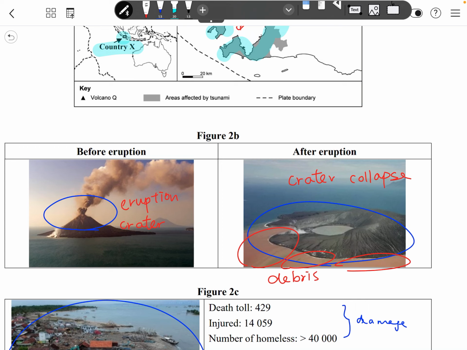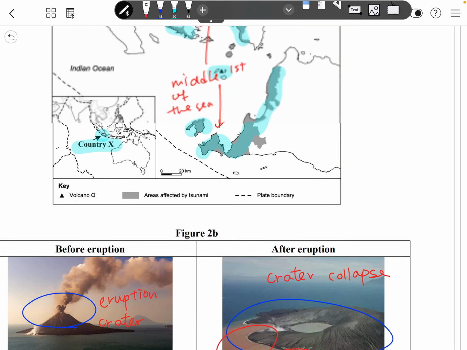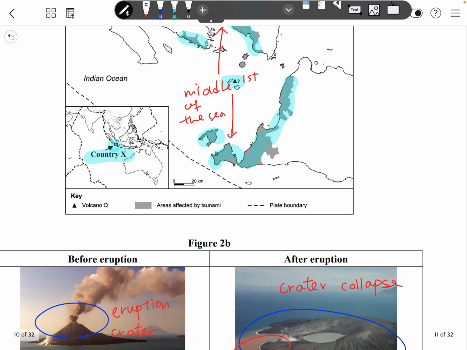Some water, some lava, rushing down, the debris causes the submarine landslide. And this submarine landslide will cause the vertical displacement. Because of the debris, as I said earlier, it falls down. So let me draw another picture.